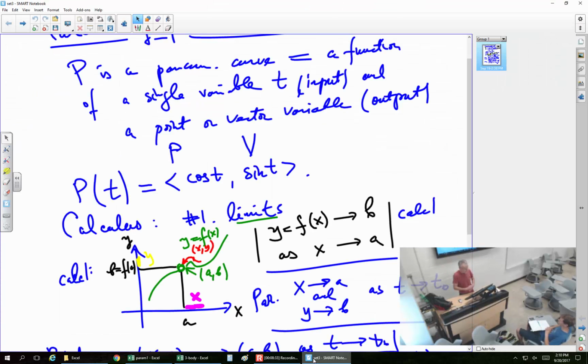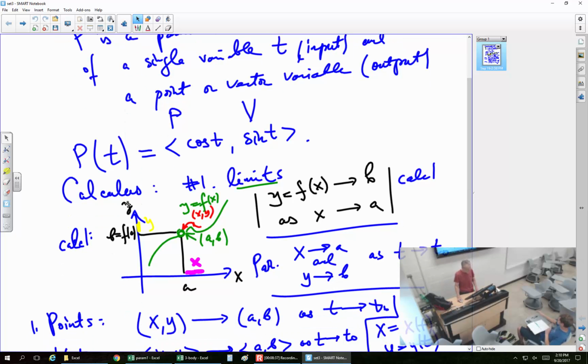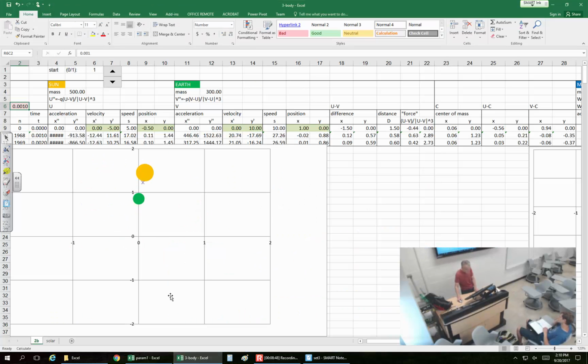And now we still do have to turn to limits eventually, because of our precise computations. So for example, if you want to demonstrate Newton's solution, that both bodies are orbiting, not either one.